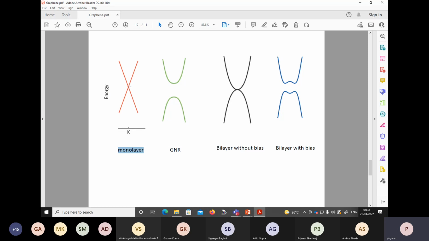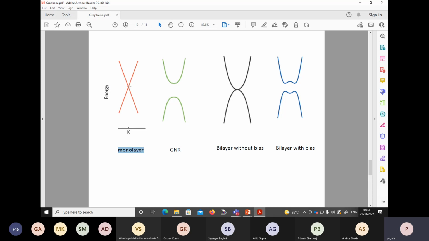It can give you very high mobility, okay. This mobility is very important for realizing electronic devices, okay.